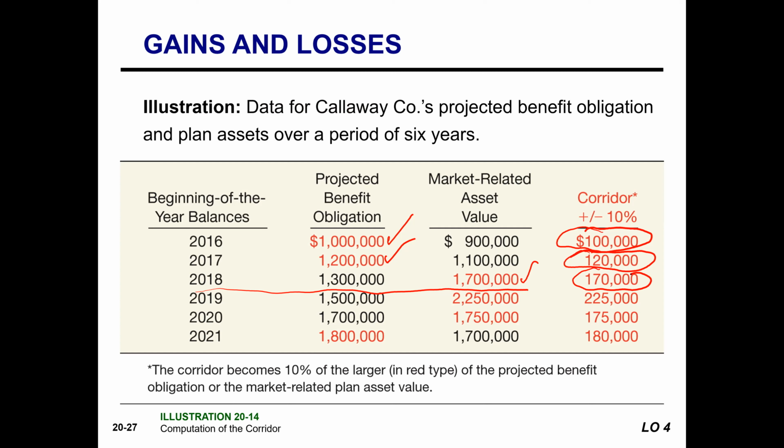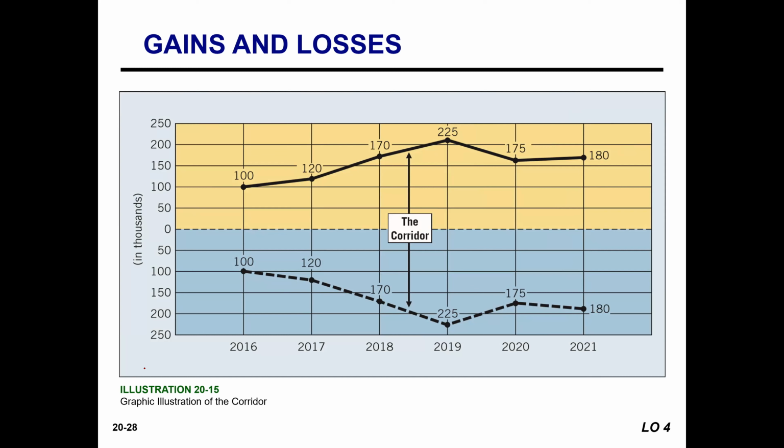So just like it shows here, the corridor becomes 10% of the larger of the projected benefit obligation or the market related plan asset value. Here's an example of what that corridor looks like. Anything that falls outside of that has to be amortized, right?